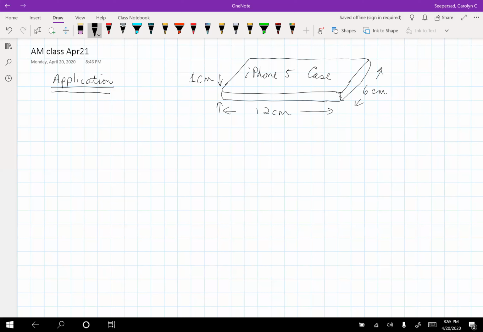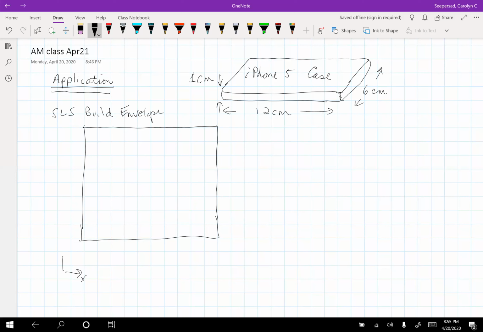All right, so let's look at a top-down view of an SLS build platform. Okay, so this is the SLS build envelope, and this is a top-down view of it. So that means that this is X and this is Y, and Z here is out of the plane. So we're looking down at the top view of this build envelope.